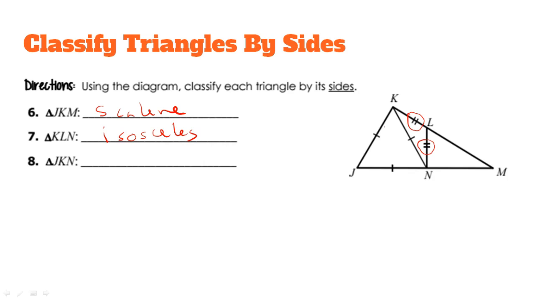I removed everything there so you could see what we were talking about. Sides KL and LN are both the same measure indicated on the picture. And finally, triangle JKN, sorry for the scribbles, all 3 sides have 1 tick mark, which would indicate to me that it is an equilateral. So we have a scalene, an isosceles, and an equilateral triangle.